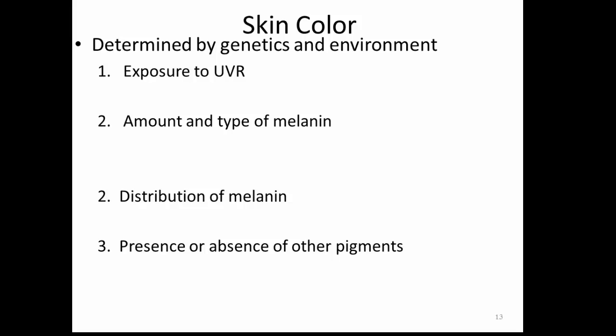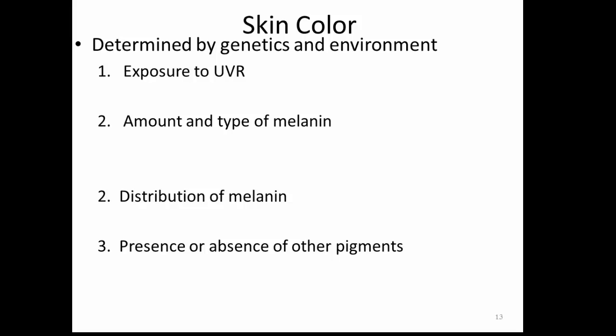And the presence or absence of other pigments can contribute to skin color too. For example, someone that has very light skin and lots of blood vessels in their skin might have a redder tone to their skin. You know, that's me, for example. I have highly vascularized light skin, and I often appear red. I mean, when I'm exercising, I look like a tomato. It's very, very lovely.